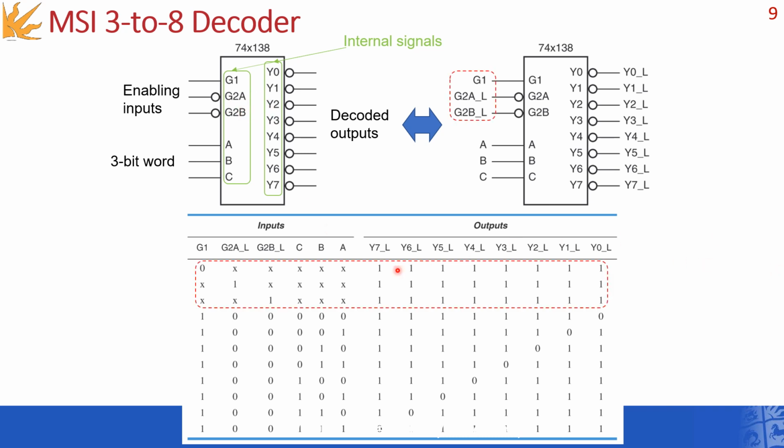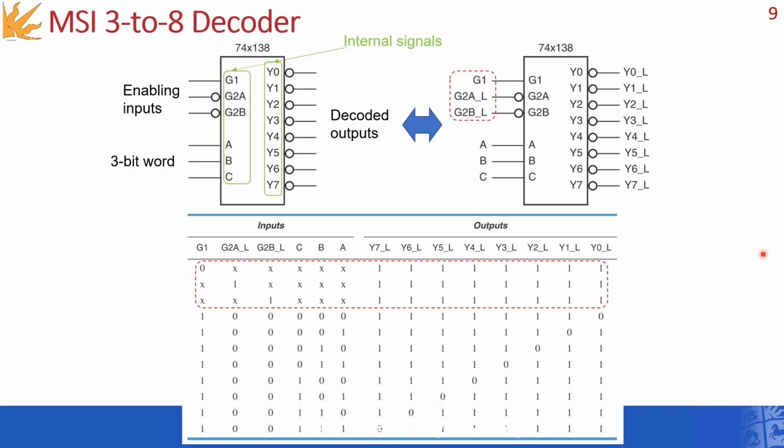The first thing to say is that if the first of these enabling bits, the one that comes through gate 1, is equal to 0, then we ignore. We do the same thing, we ignore, and the output is not enabled if the second gate is equal to 1 or the third gate is equal to 1. For any other combination, the decoder is enabled and only one of the outputs will be enabled. And we have a low state logic, as you can see here, because of the negation here at the end.